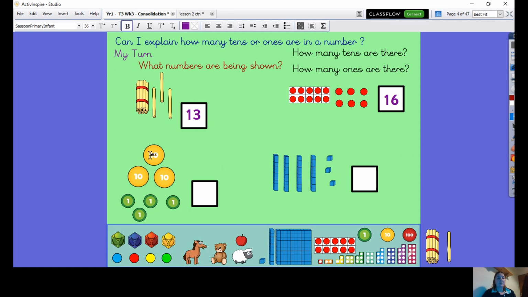This time I've got 1, 2, 3 tens, and I know that 3 tens are 30, and I've got 1, 2, 3, 4 ones, so I know I've got 3 tens and 4 ones, which makes 34. Looking at this one here, I've got 1, 2, 3, 4 tens: 10, 20, 30, 40. So I know I've got 4 tens, which is 40, and 1, 2, 3 ones. So I know I've made the number 43.